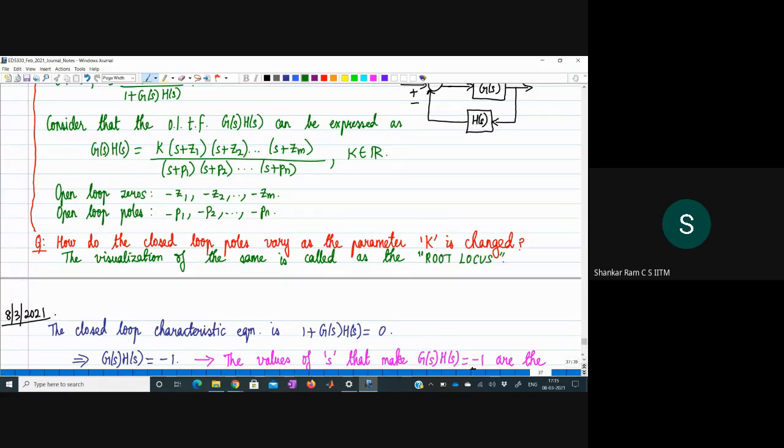All right, so I hope now it is clear what the root locus is.